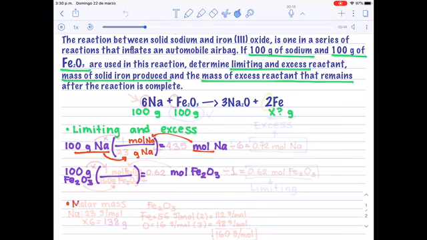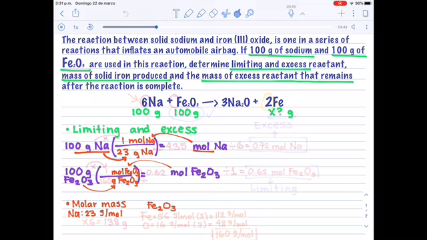To fill the numbers, we would need to calculate the molar mass. In this case, sodium is 23 grams per mole. So we would write the 23 grams and the 1 mole. For iron 3 oxide would be grams of iron 3 oxide down, moles of iron 3 oxide up, as we have that order in the problem. And to calculate the molar mass, it would be Fe2O3.